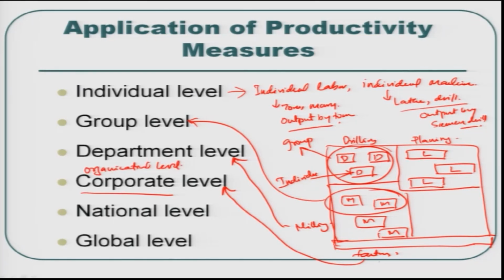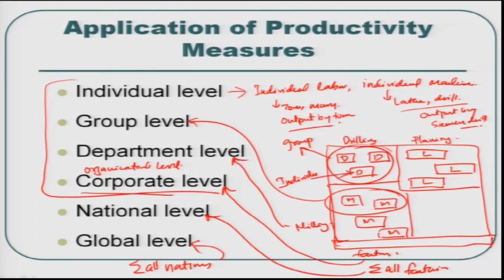And you measure for all such factories, the sum of all factories. If you do that, then that comes at the national level. And if you sum all nations, then that comes at the global level. So that's how you measure productivity in a hierarchical level. In our study, we are basically only looking at up to the corporate level.